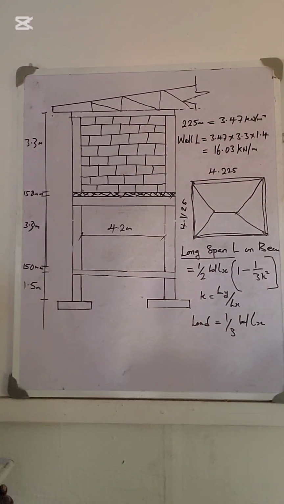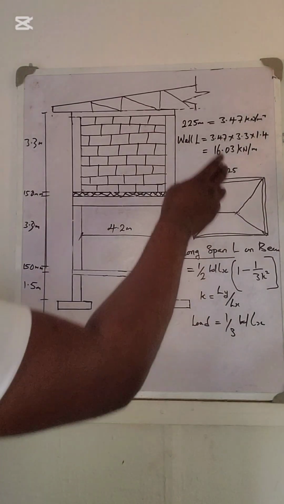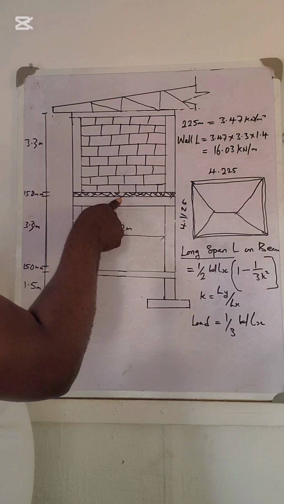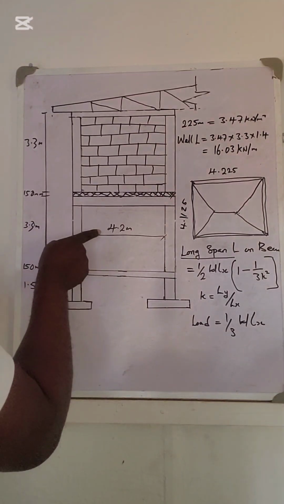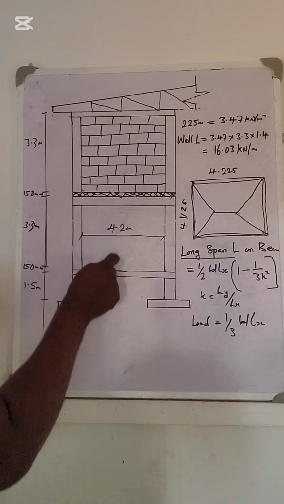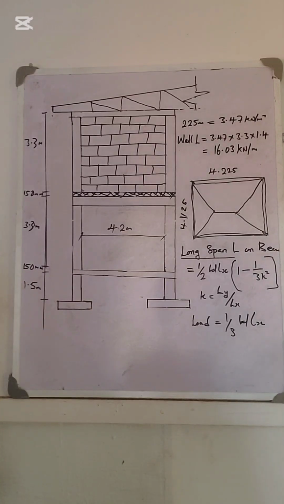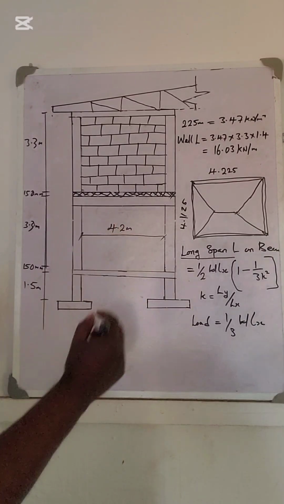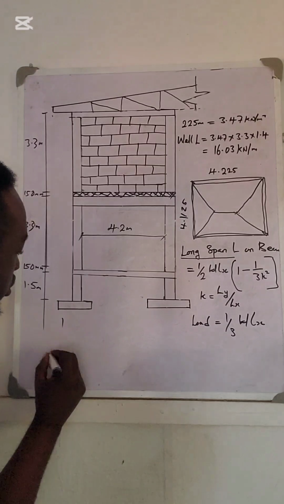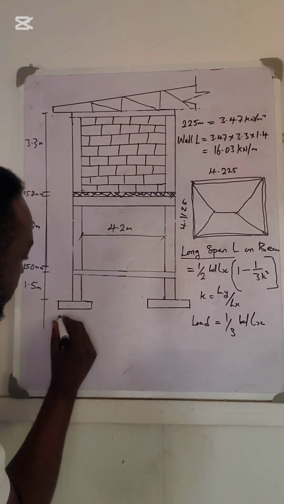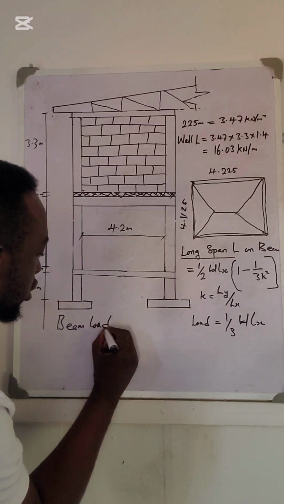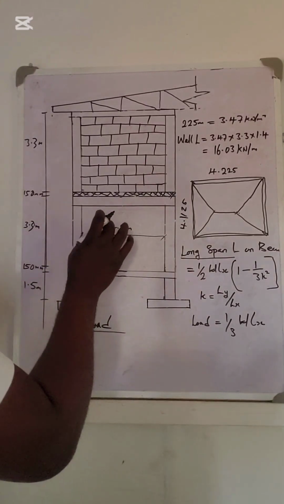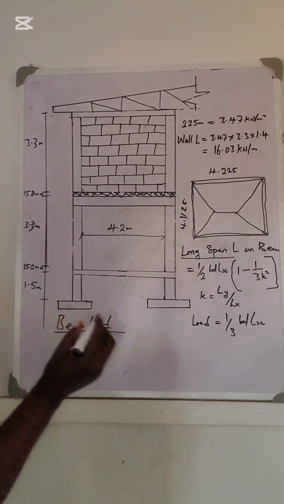So, then what about the beam own load? How do you now get the beam own load? We are saying here from here to here is 4.2. Now, to calculate the beam load, we said that the beam is 450 by 225.